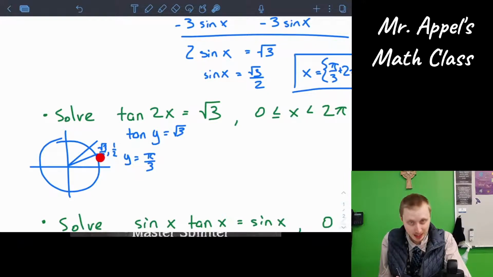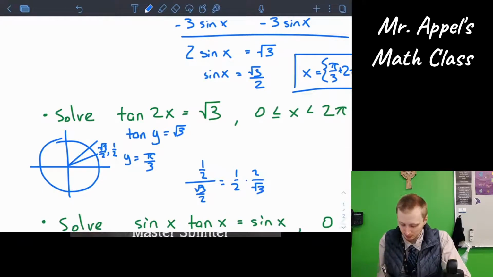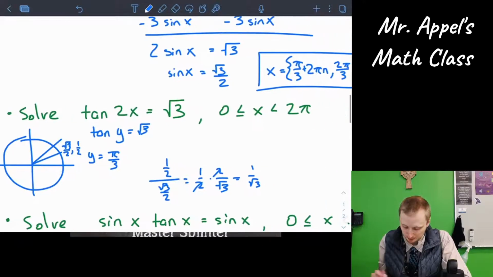It's the y over the x, sine over cosine, 1/2 divided by square root 3 over 2, which is 1/2 times 2 over root 3. That's 1 over root 3. If you were to rationalize the denominator, you multiply by root 3, and you get root 3 over 3.